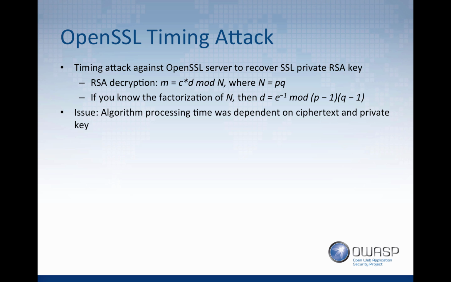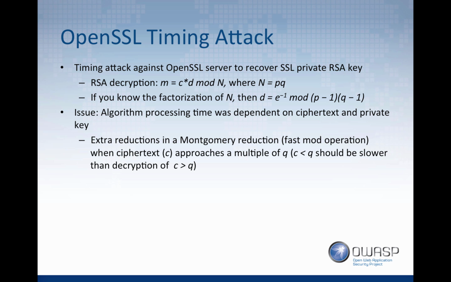Now, the issue is that in OpenSSL the algorithm's processing time is dependent on the ciphertext and the private key. And really, it's two smaller bugs built up to this. There's an algorithm called the Montgomery reduction algorithm, and basically it's a fast modulus operation.